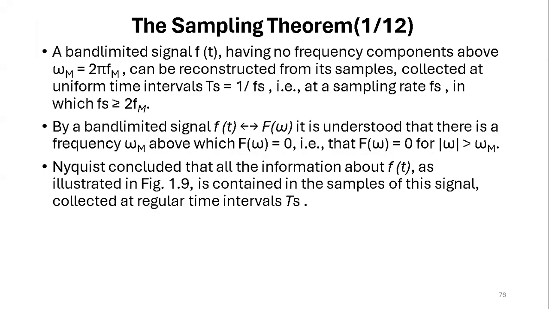The sampling frequency is 1 over the sampling time interval, f_s. By impulse-sampling f(t), the frequency diagram is F(omega), which is zero for omega greater than omega_m. Nyquist concluded that all the information about f(t) is contained in the samples of this signal collected at the regular time interval at the sampling frequency.